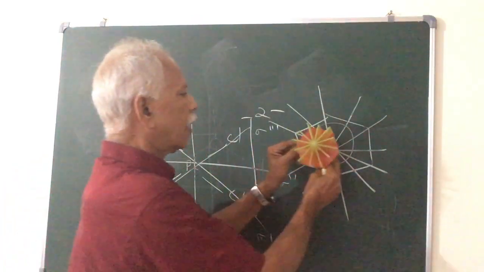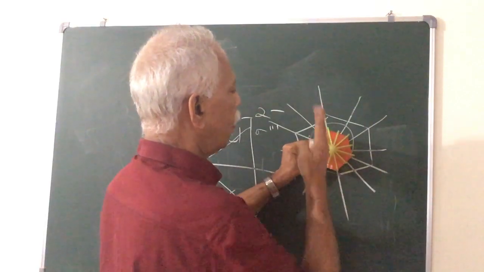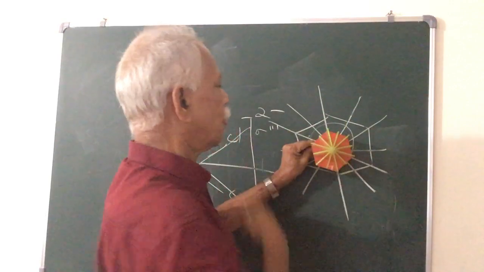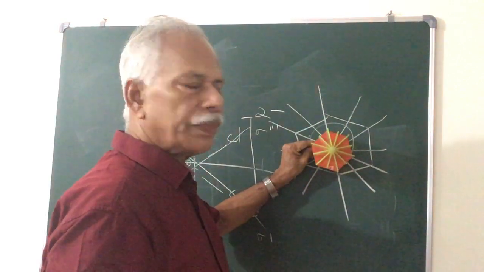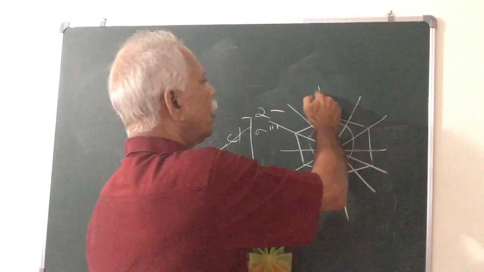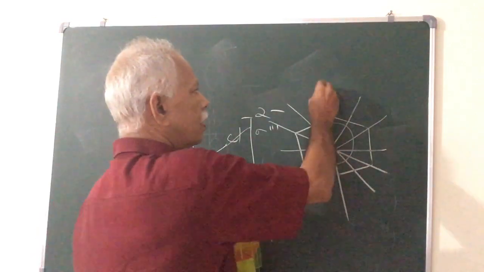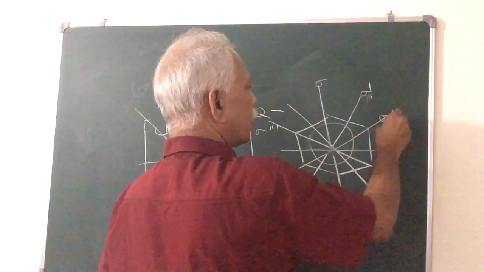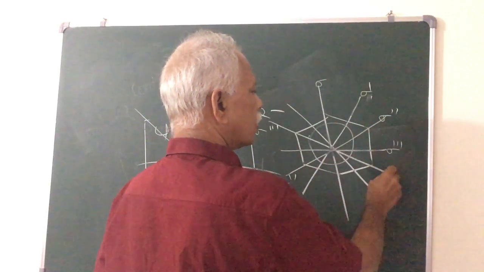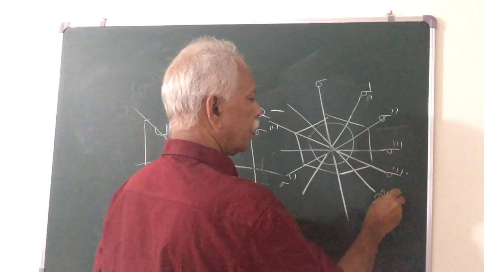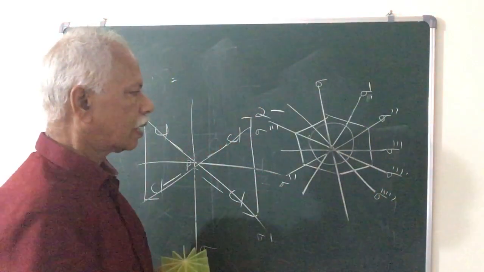I will hold it in this manner so you can see the 1, 2, 3, 4, 5, 6 planes. As a projection, you can only draw lines. This is sigma, sigma dash, sigma 2 dash, sigma 3 dash, sigma 4 dash and sigma 5 dash. These are the other ends.